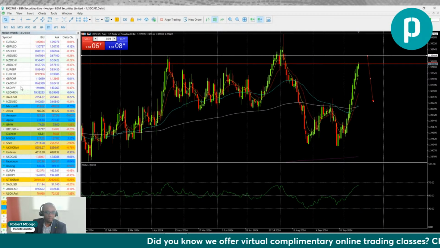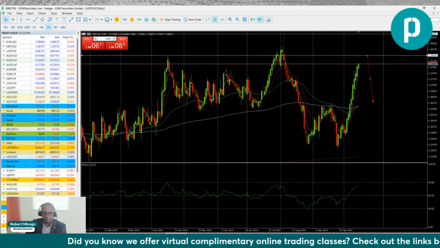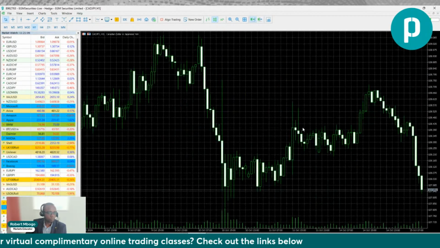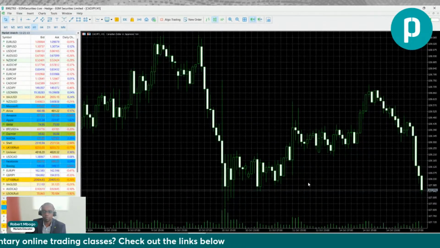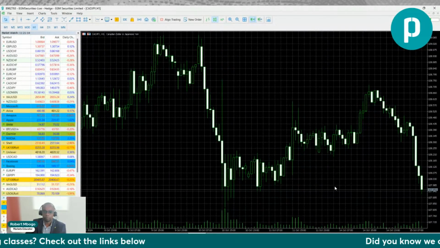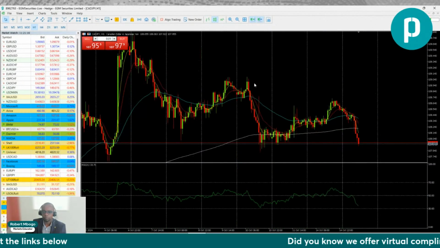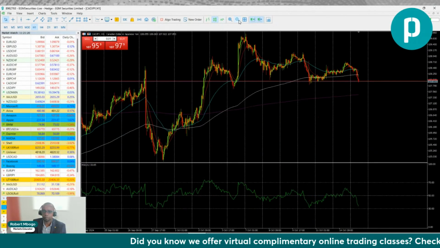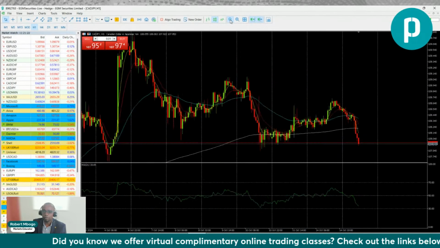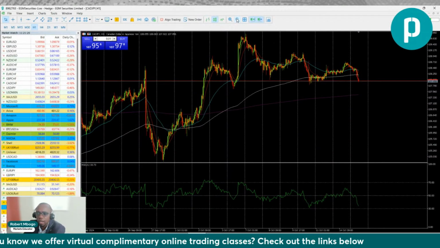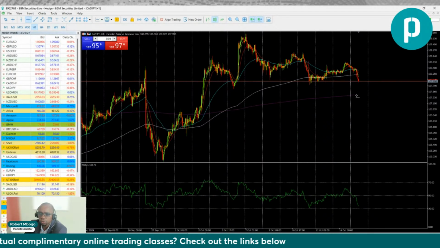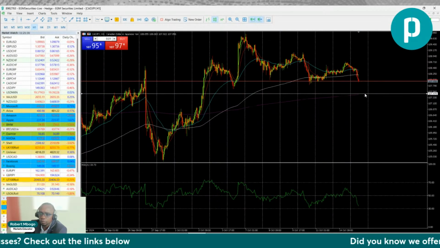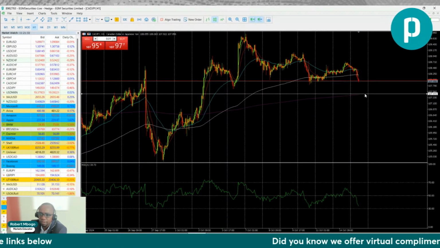There's also CADJPY. So CADJPY, it's screaming sell. So if I were to look for opportunities on CADJPY, I'll still be looking for short opportunities to 107.47.